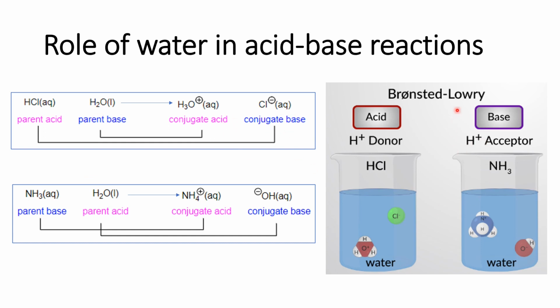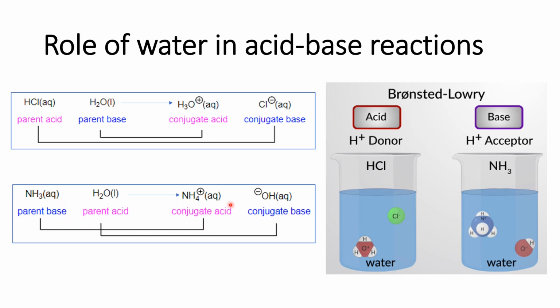Now let's see what happens when a base is added to water. We have taken an example of NH3. When NH3 is added to water, this NH3, being a base, will try to accept H+, and that will come from water. So it will form NH4+ and OH-. This OH- has been formed from water when it gives up the H+ to ammonia.